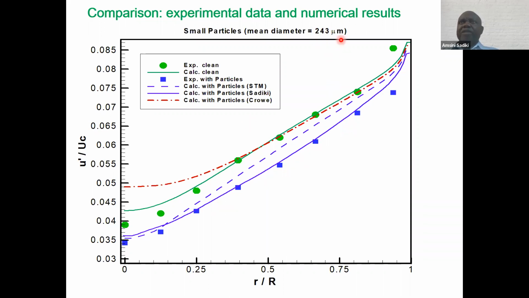So with small particles first, we see that using this classical, this standard model, it dissipates as is expected, not clearly as it should be. And by using the core model, this model enhances the prediction because it accounts normally for the wake prediction, even if this wake is not present.